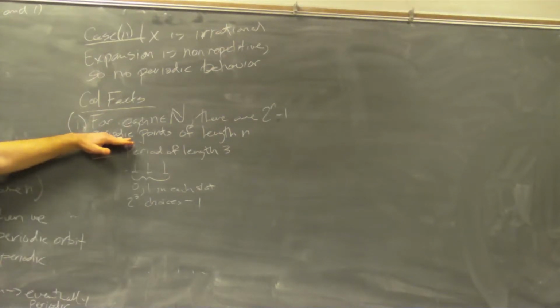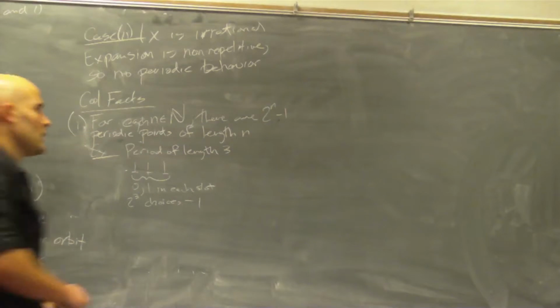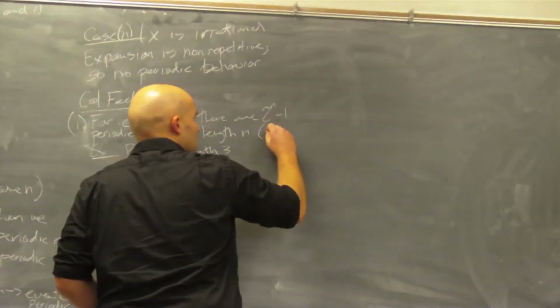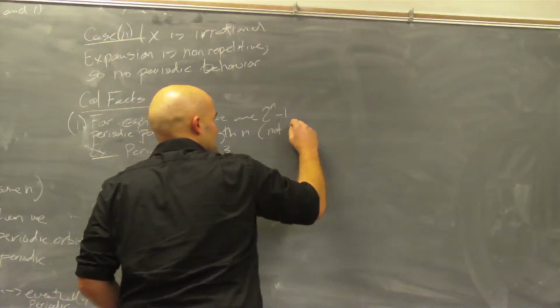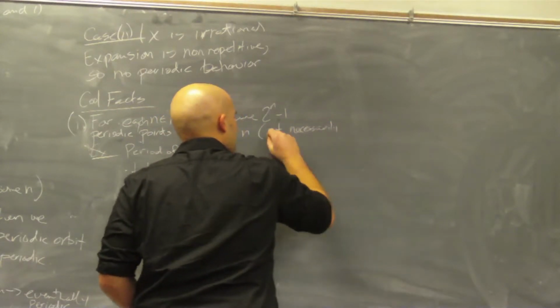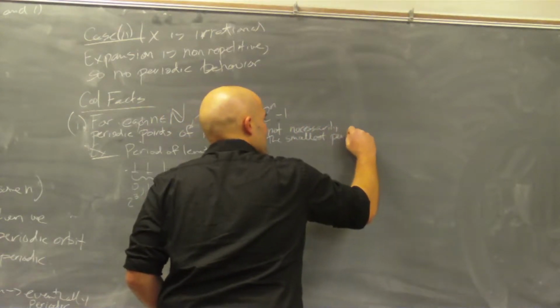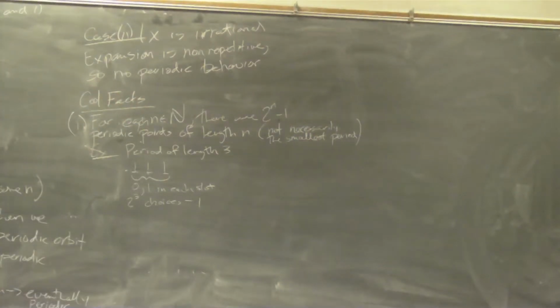I'm not saying for the periodic points that it has to be the smallest period. Let me make that distinction. That's a good point. So it's not necessarily the smallest period. So you can get periodic behavior, and of course your example shows that you get a period of 2 for that. But if you want it to repeat over however long a length as you want, then you kind of think of it like that.